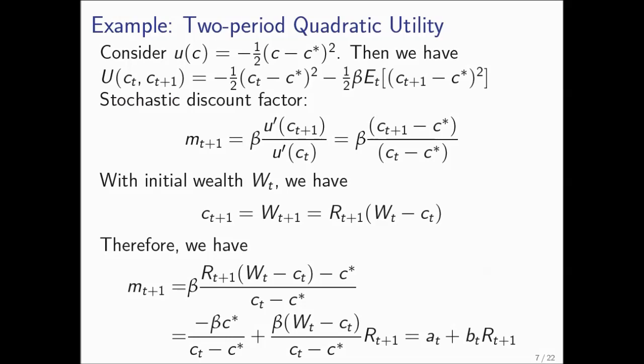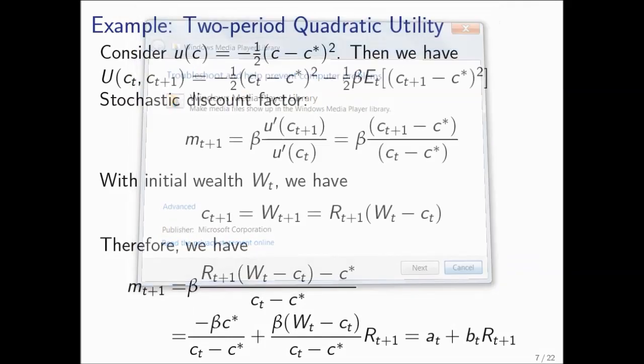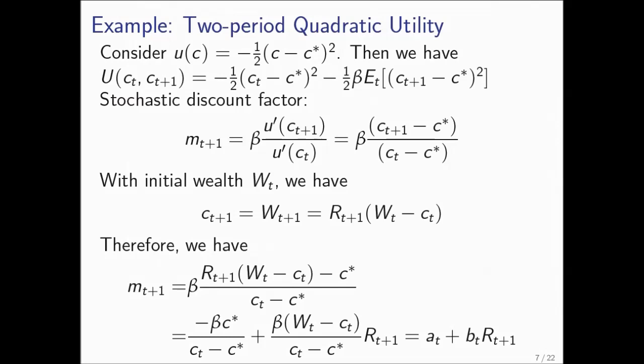This C_{t+1} is replaced by what we have, R_{t+1}. Okay, and then this is what we have. We place this here, and then you rewrite it, decompose it into 2 parts. When you decompose it into 2 parts, you can see the first part is a constant independent of the future, and the second part is dependent on the future, right?